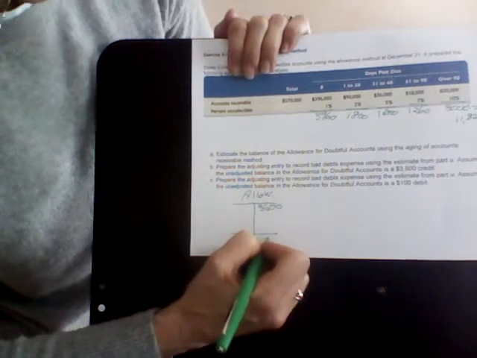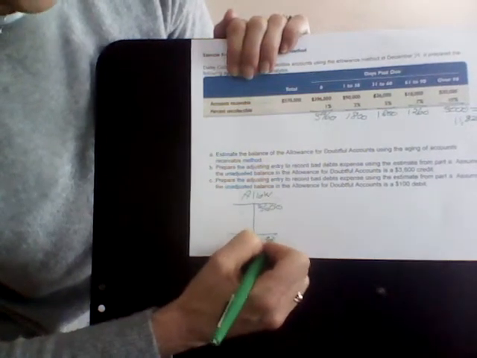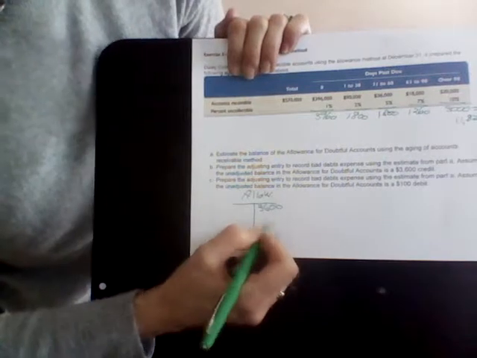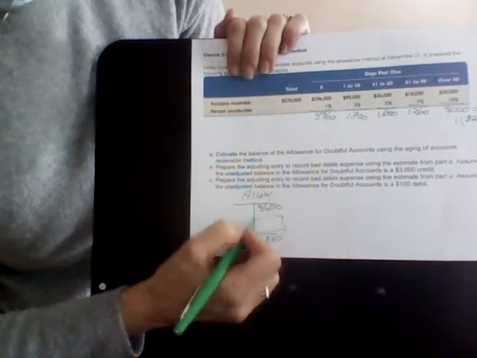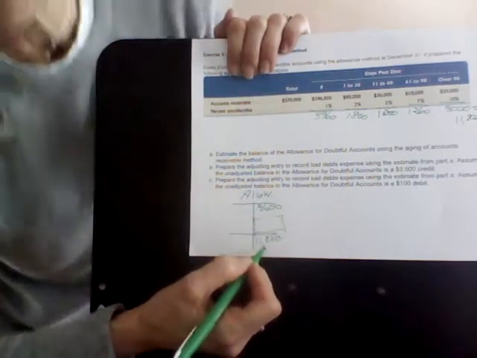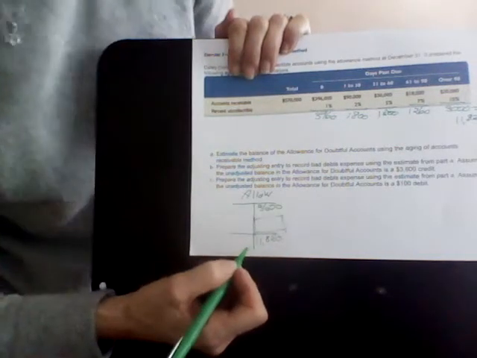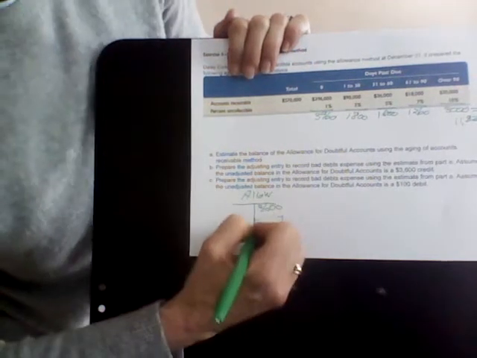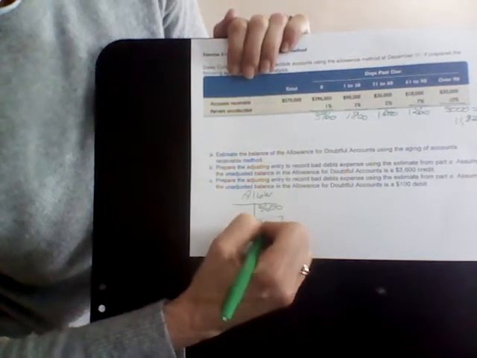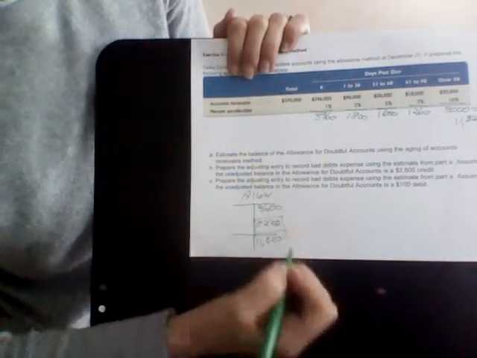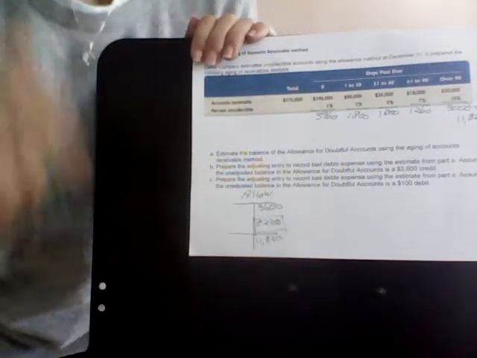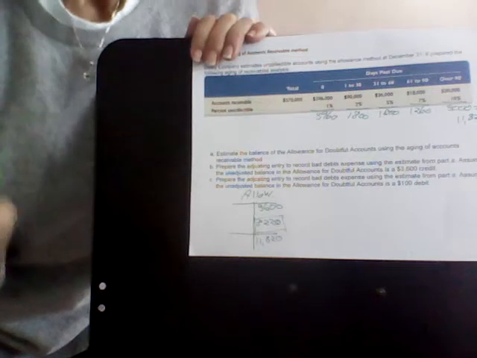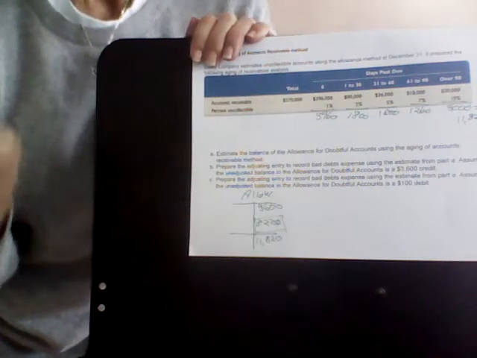Well, remember that what we found was what we want it to be. So we have solved for the ending balance. So we need to solve for the entry that will get us to $11,820. The difference between $3,600 and $11,820 is that we need to make a journal entry for $8,220. So we will debit bad debt expense and credit the allowance for doubtful accounts for $8,220.